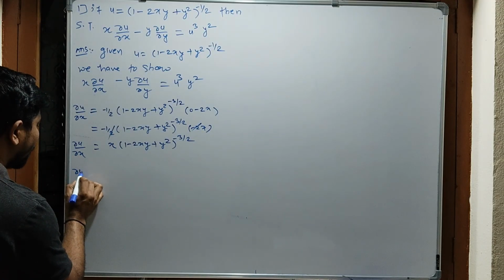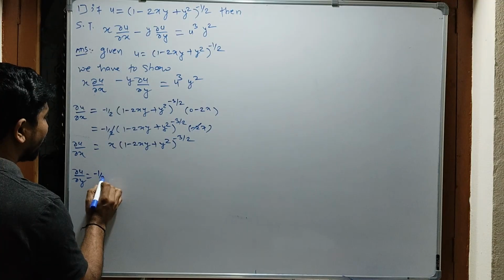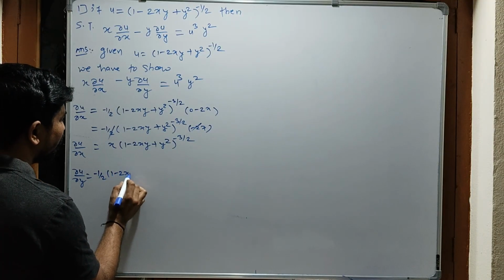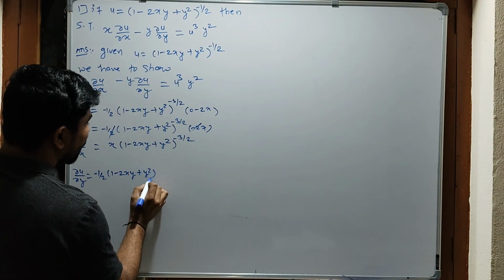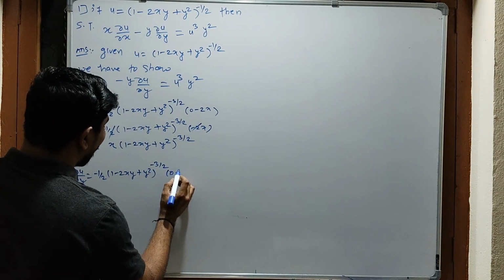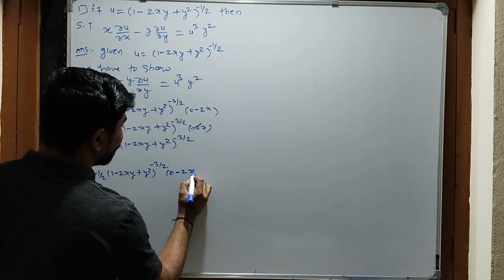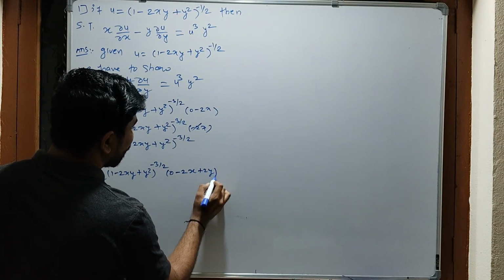So dou u by dou y is equal to the same, minus 1 by 2 times (1 minus 2xy plus y square) to the power minus 3 by 2. Here this is 0 minus 2, the partial derivative with respect to y, minus 2x plus 2y.